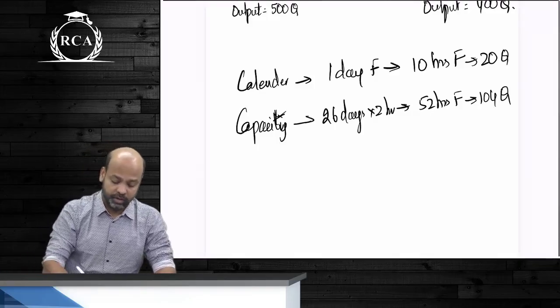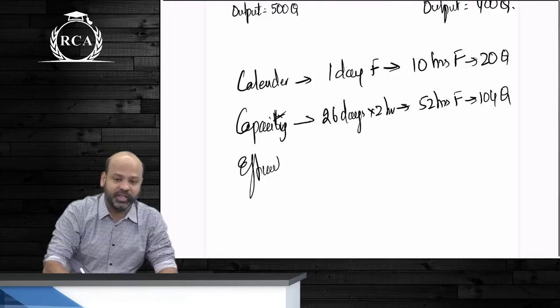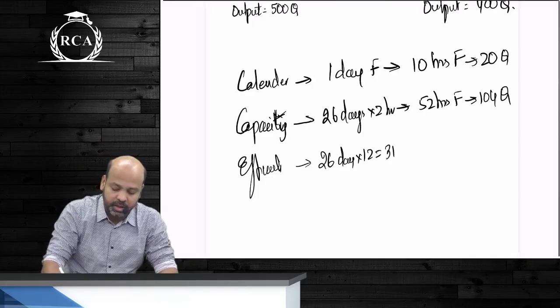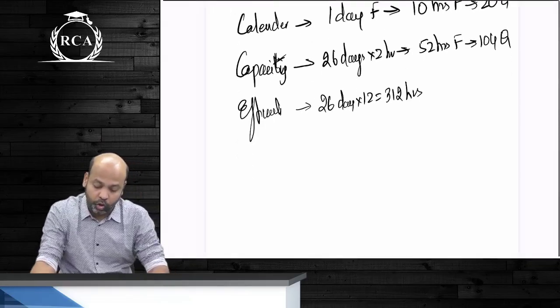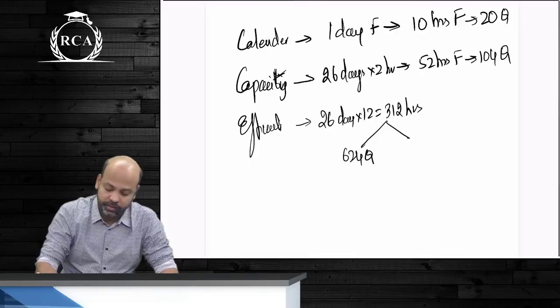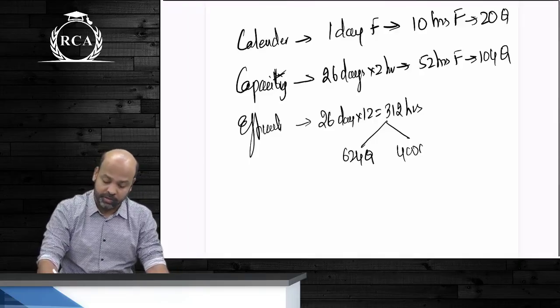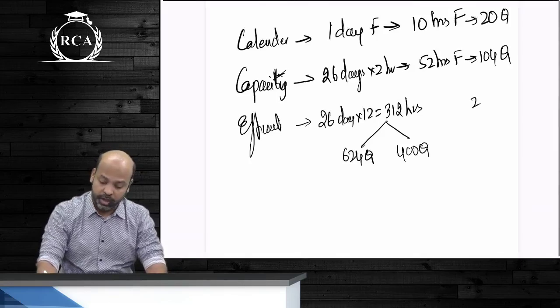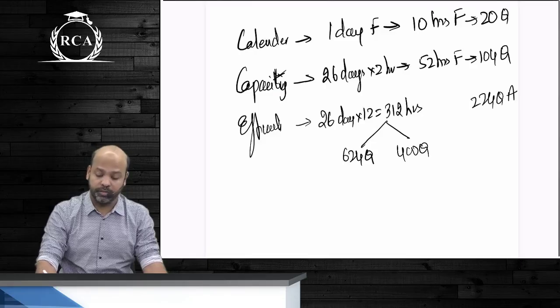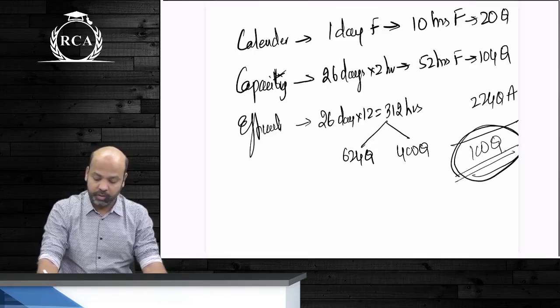Yes or no, guys? अब आता है बेटा तुम्हारी efficiency. 26 days, 12 hours. That means 312 hours. Normally in 312 hours you should have solved how many questions? But how many questions did we solve? Efficiency is adverse. 224 summation 100 questions adverse.